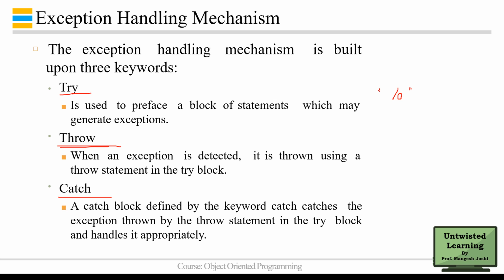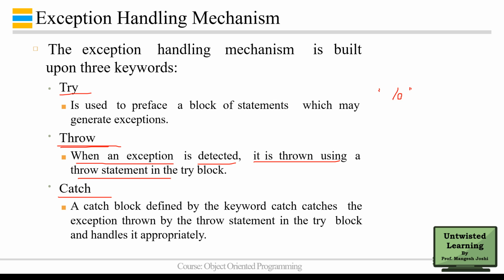If you have not handled it, you will get a math error. So you have to take care at compile time that such an error will not occur while the program is running. When an exception is detected, it is thrown using a throw statement in the try block. So this throw statement will come inside the try block.